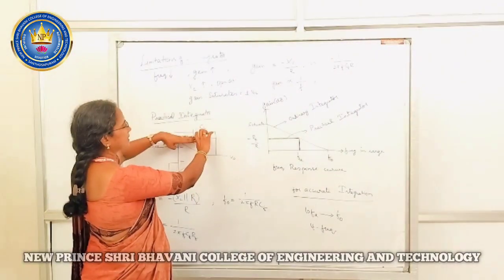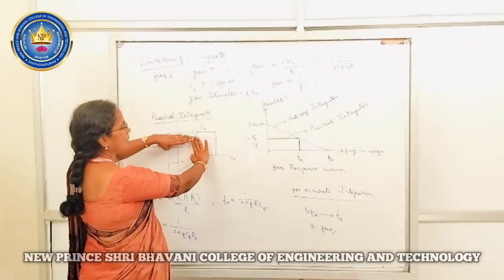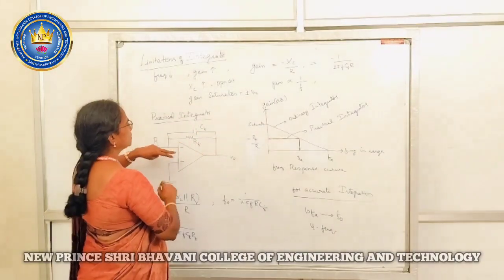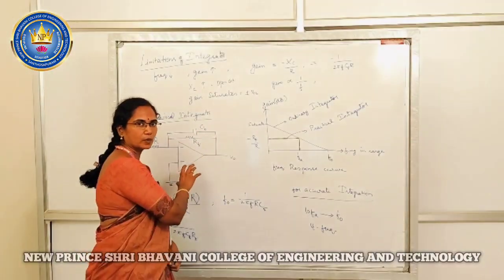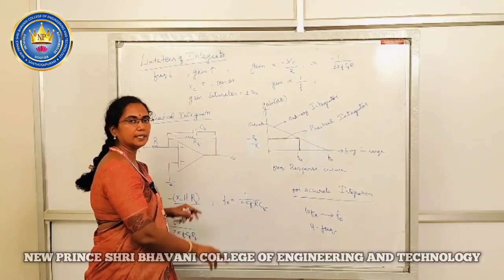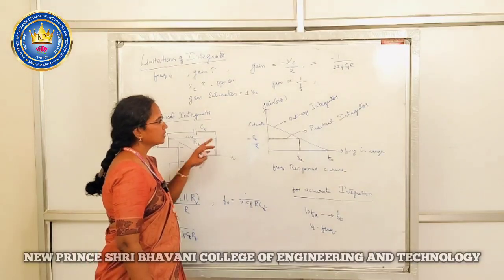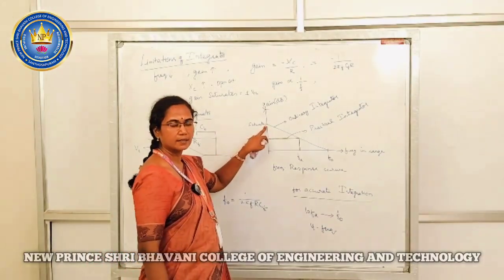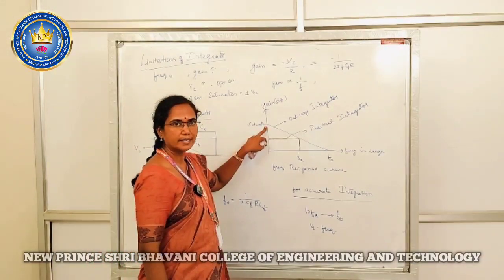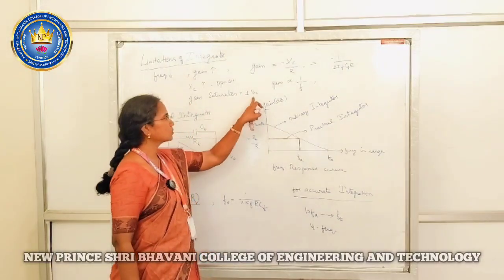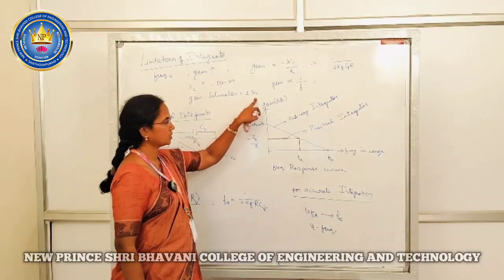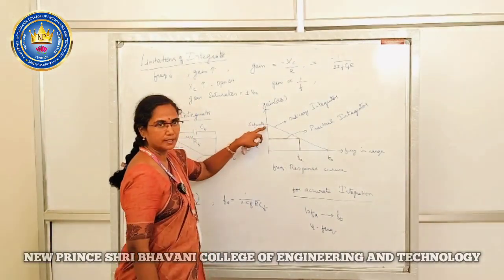So we will consider this as an open circuit. So there is no RF there in the normal integrator. So what will happen? The IC741 operational amplifier will work in an open loop configuration, and so the gain saturates at the value of either plus or minus V saturation. So gain saturates at plus or minus V saturation. So that will be the value here.